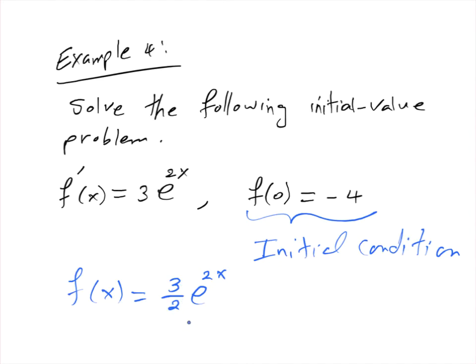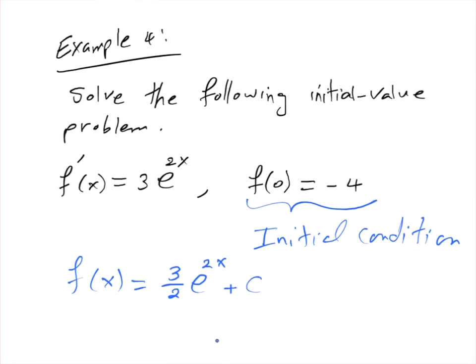This is just like the power rule for power function, but this is different. We're not using the power rule here. There is no power rule for exponential function. It's called chain rule. You multiply by derivative of 2x, which is 2, and 2 times 3/2 is 3. That gives you the 3 over there. But this is not the only antiderivative. You still need to add a c, that stands for a constant.